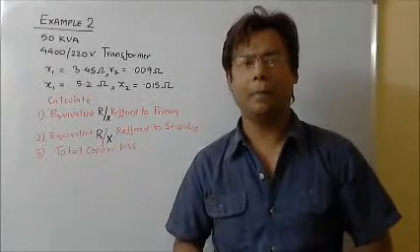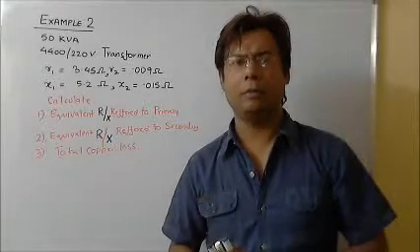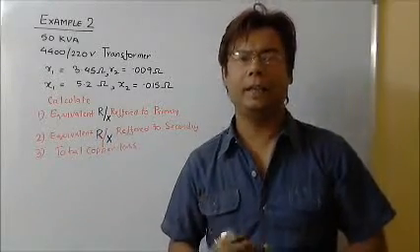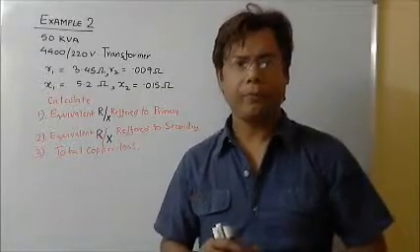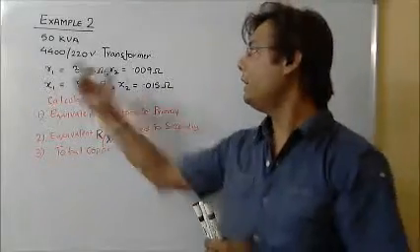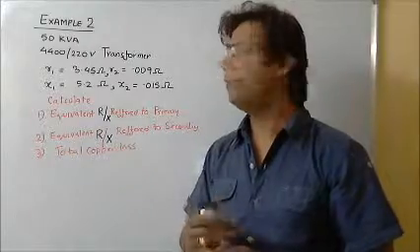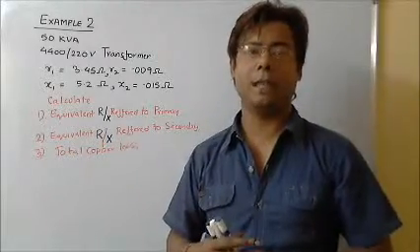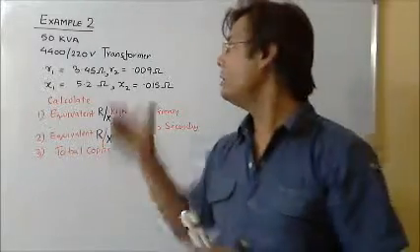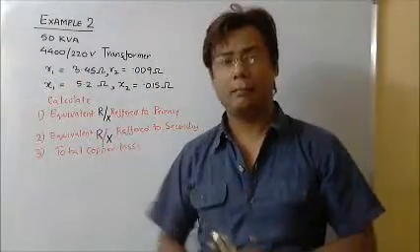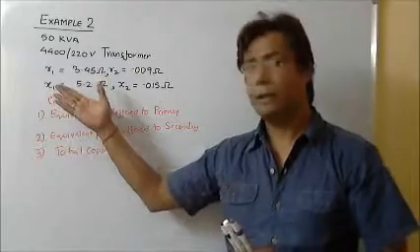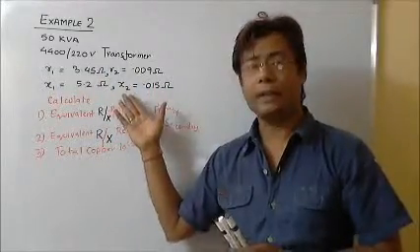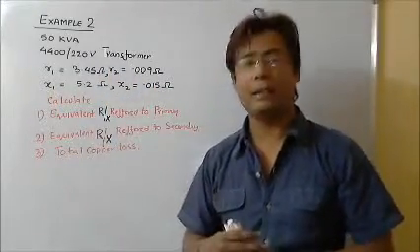Now we'll do example number 2 on a transformer. A 50 kVA single-phase transformer is given to you, with a turns ratio of 4400/220 volts. The primary resistance and secondary resistance, as well as the secondary reactance and primary reactance, are given to you.